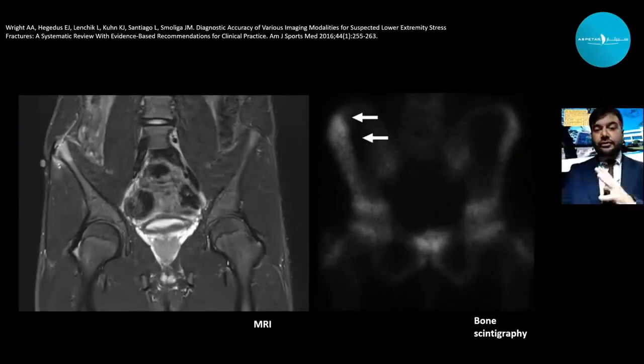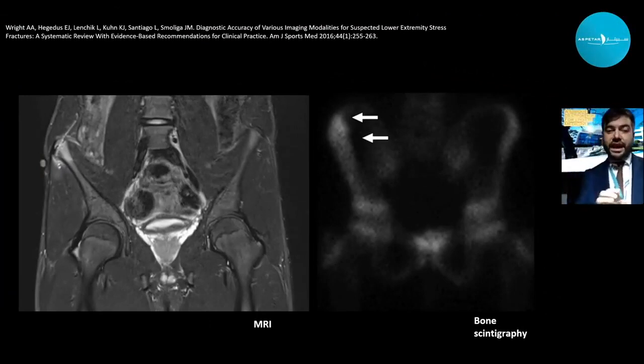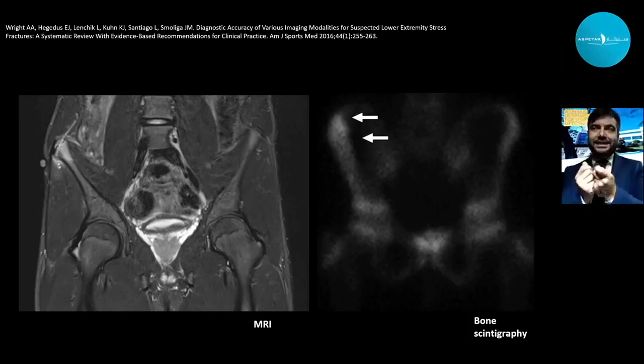I will show you the difference between bone scintigraphy and MRI. On the right, we see a bone scintigraphy image, and on the left, an MRI. Regarding the voxel size or the pixel size, in bone scintigraphy it is less defined. You are not so specific.